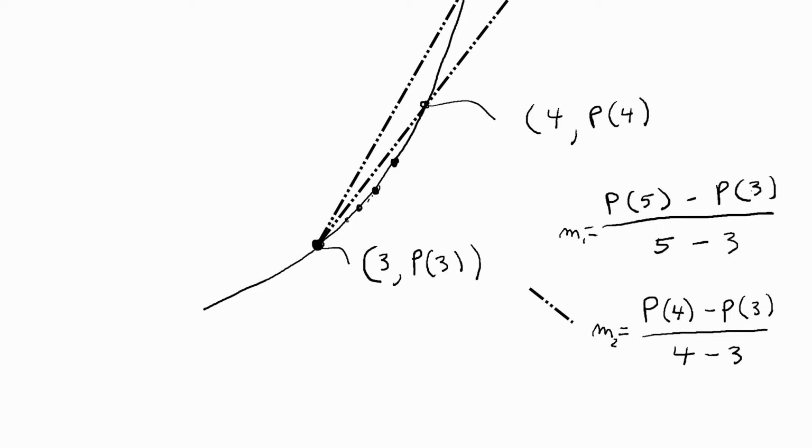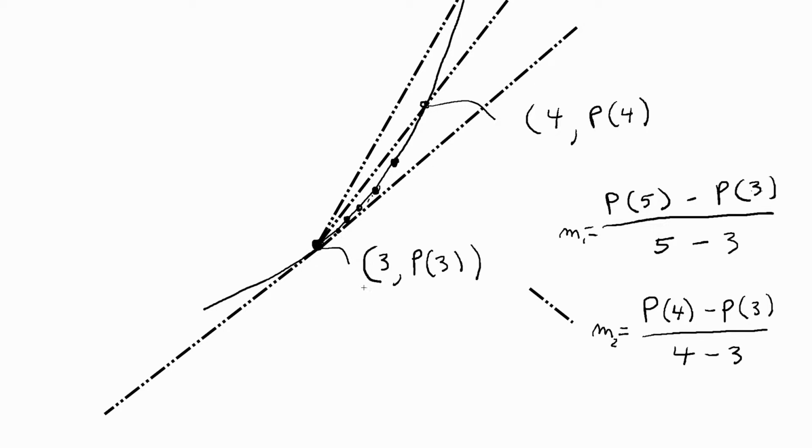And what we're really going to be finding is the slope of this line right here, and that's basically the tangent line.